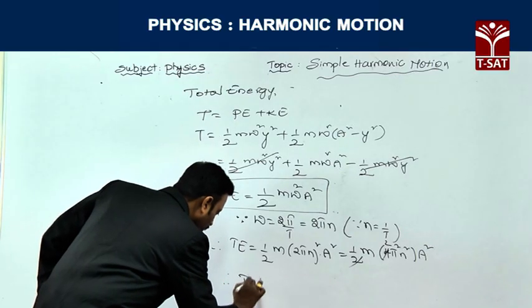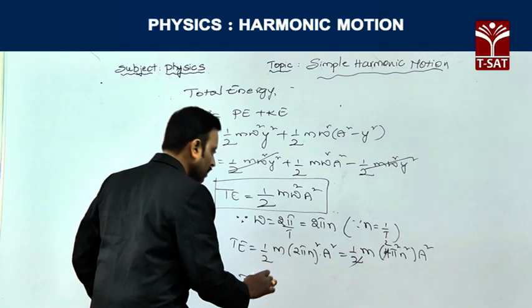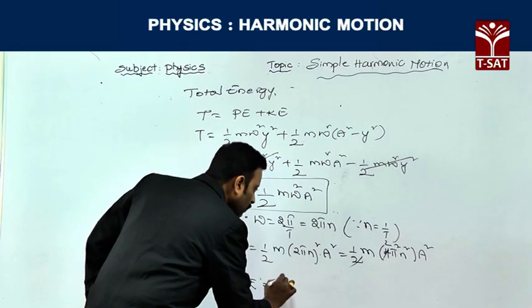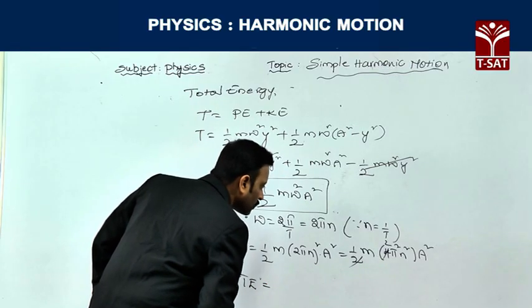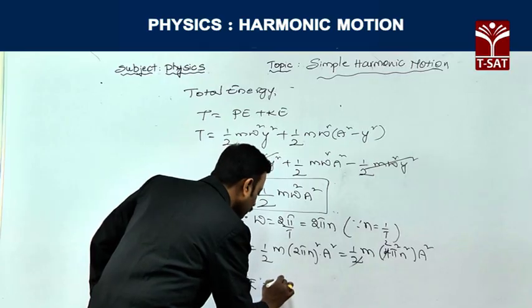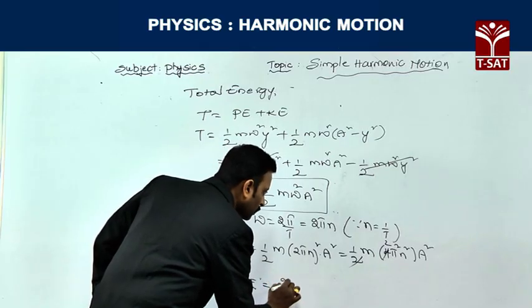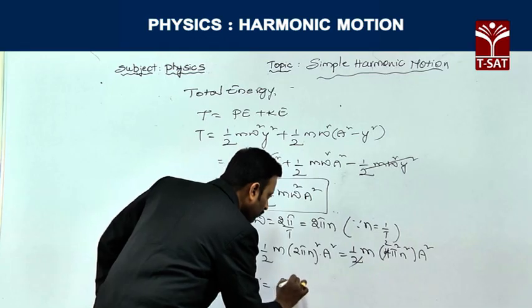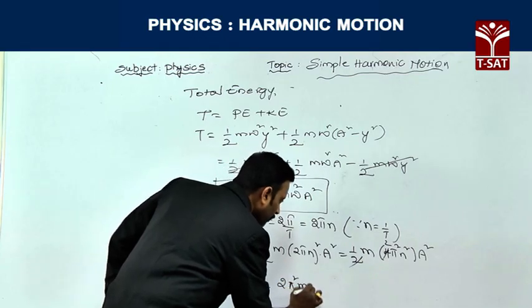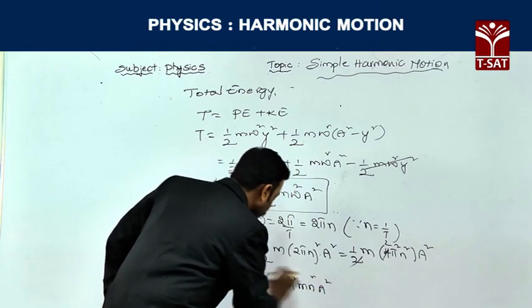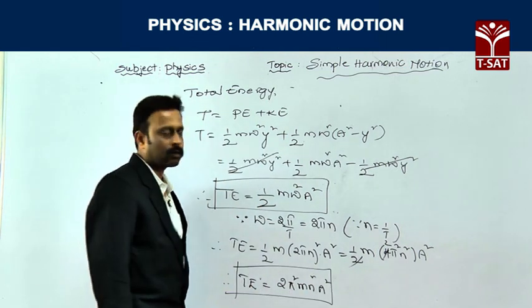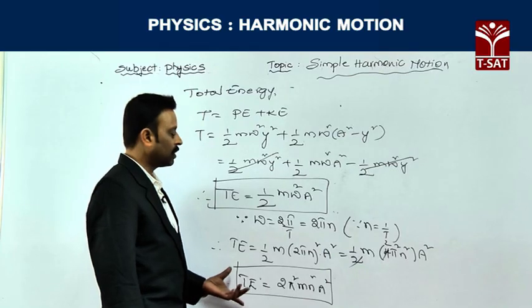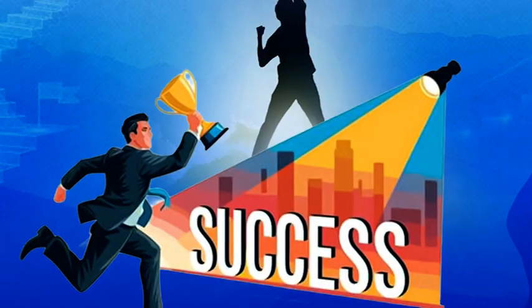Therefore, one more formula for total energy is 2 pi square m n square a square. This is one more expression for the total energy of a particle in simple harmonic motion.